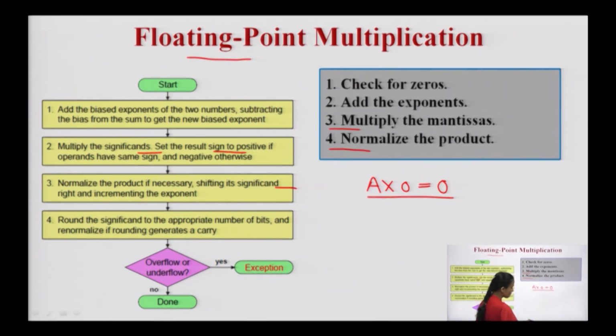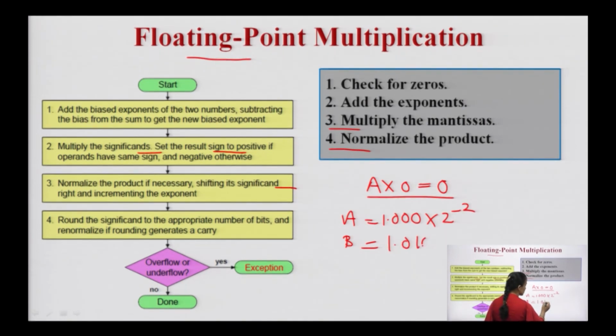If no, suppose I am taking A as 1.000 into 2 to the power minus 2, and B, the second number, as 1.010 into 2 to the power minus 1.